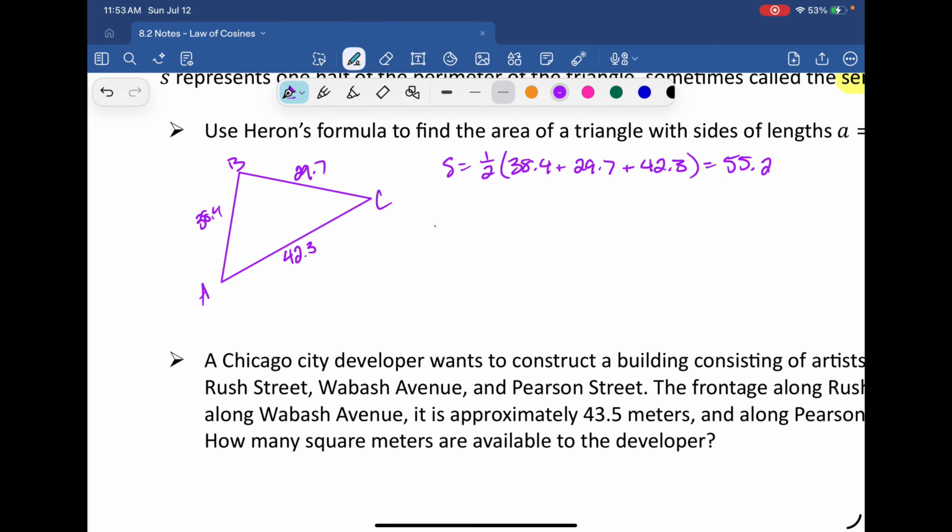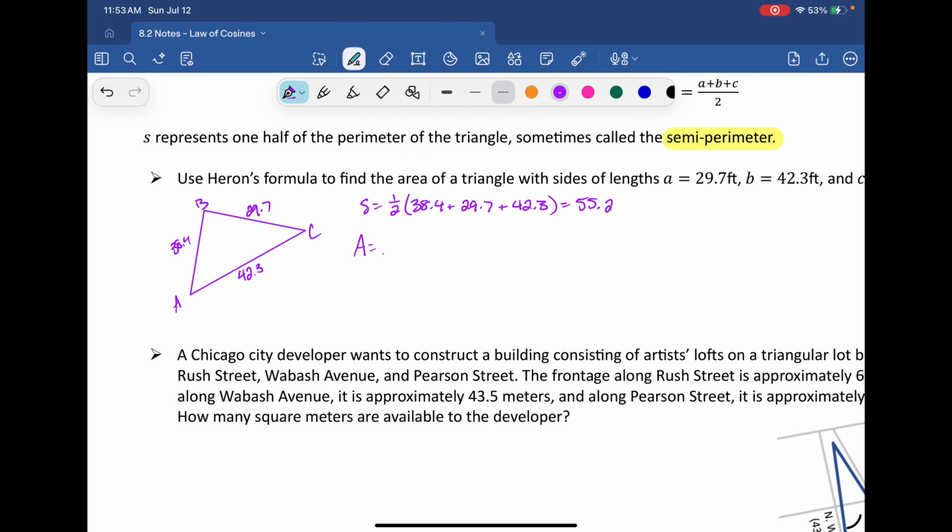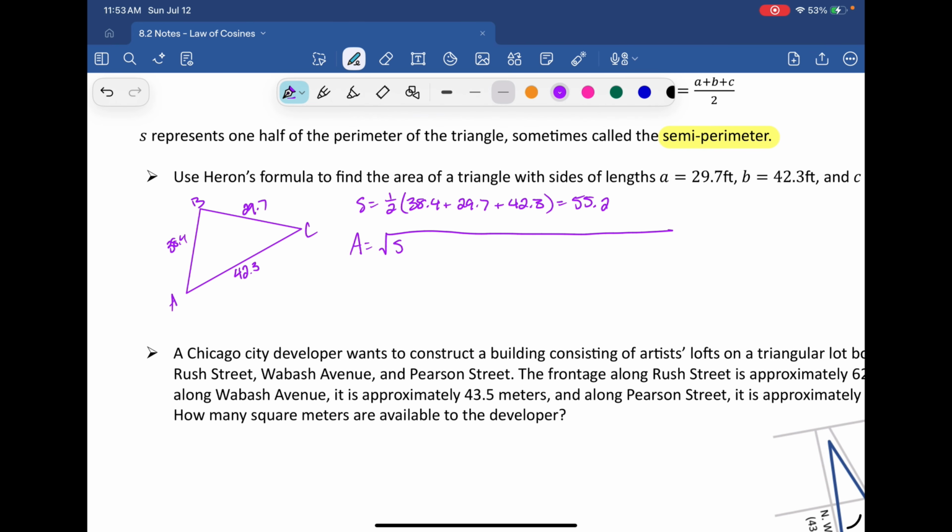Now we plug it in. So area equals, give yourself some space here. We have semi-perimeter, then semi-perimeter minus A. At this point it really doesn't matter whether you use A, B, or C first, as long as you're subtracting from the semi-perimeter. Minus B, because I'm anal about it, 52, so 29.7. I'm just going around the triangle at this point.